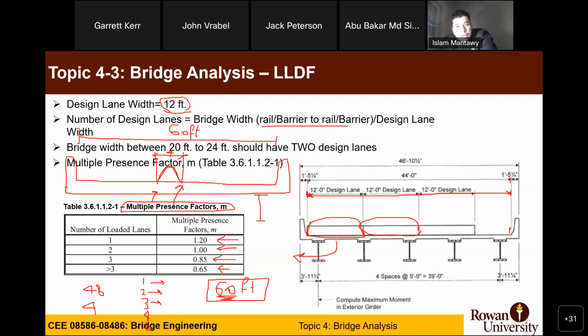Let's do this: maybe just respond to the chat box and write directly to me only. How many lanes does each one of you think will be on this bridge? Respond to me privately.